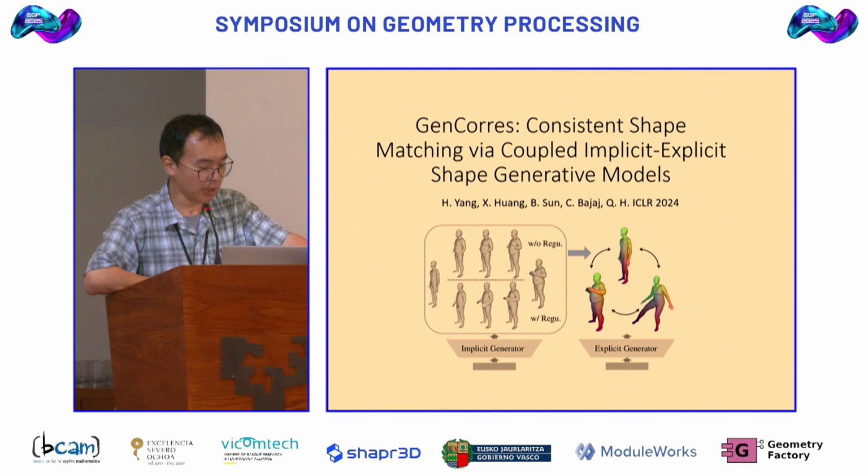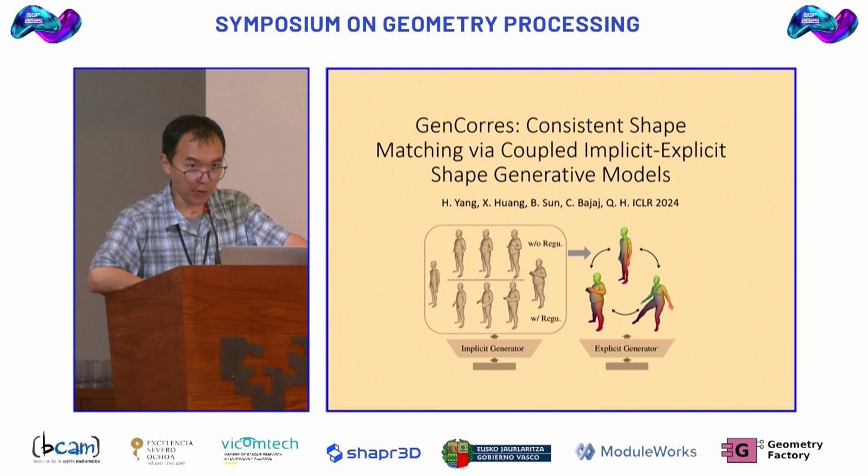Okay, I want to spend like 5 minutes talking about a generalization of this. The two previous papers are based on learning mesh generative models. If you're trying to learn a mesh generative model, you have to have consistent meshes to learn the generative model. This becomes very strict.